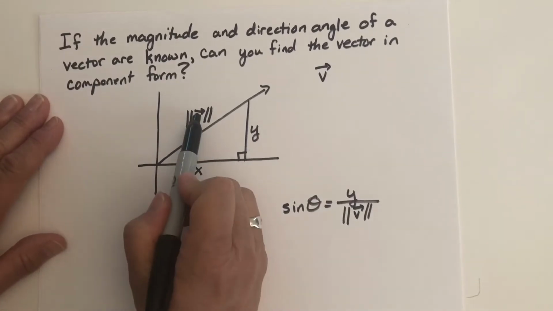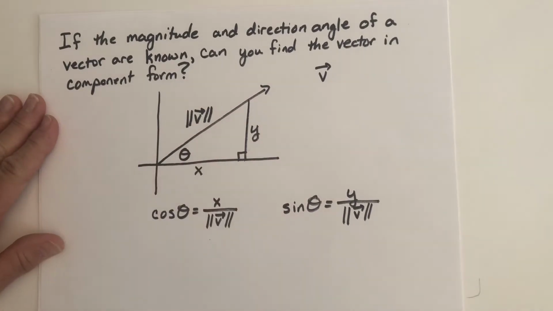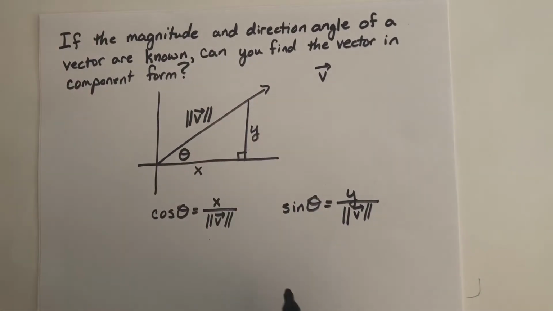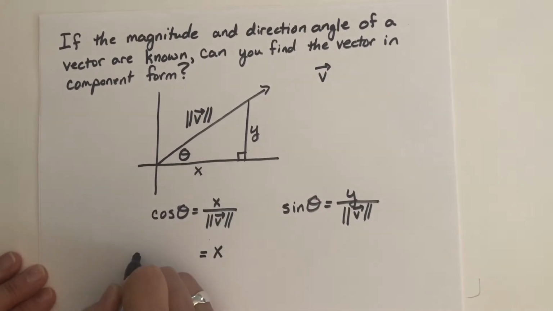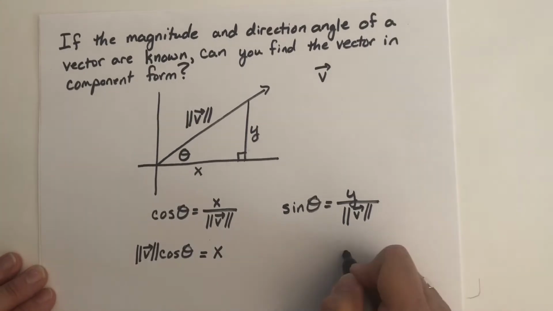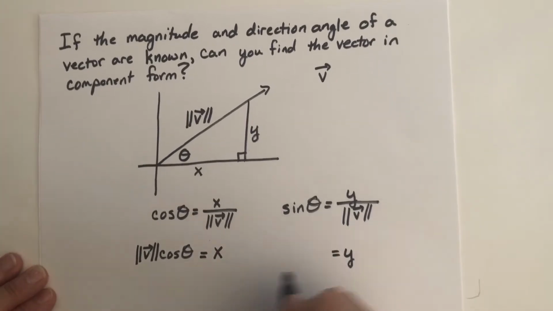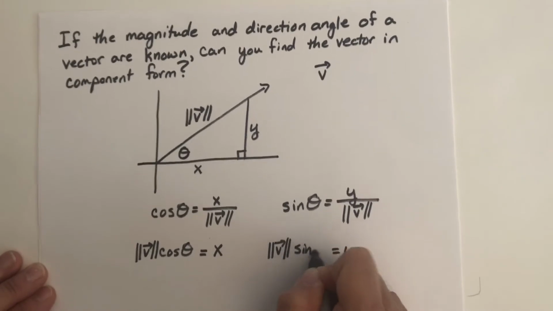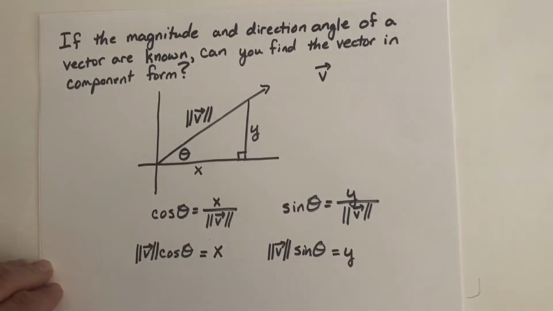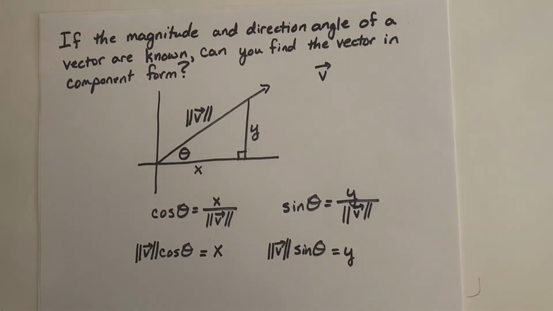Our x over r, our magnitude of v is playing the role of r. And when we multiply by the magnitude of v, what we see is that the x component of the vector is the magnitude of v times the cosine of the angle. And the y component of the vector is the magnitude of v times the sine of the angle. And we can use that when we're trying to find the components of a vector.